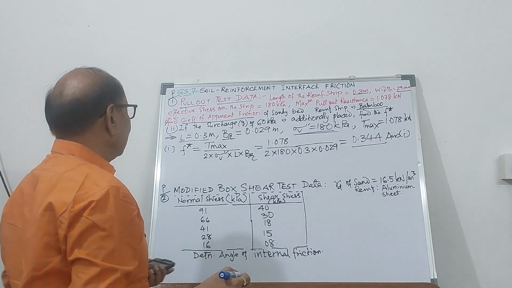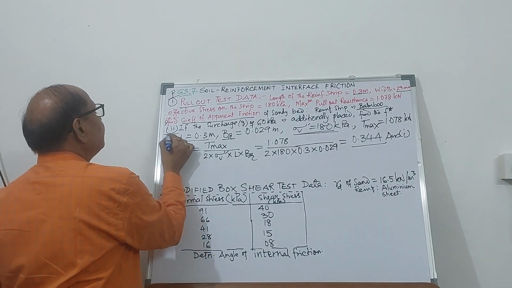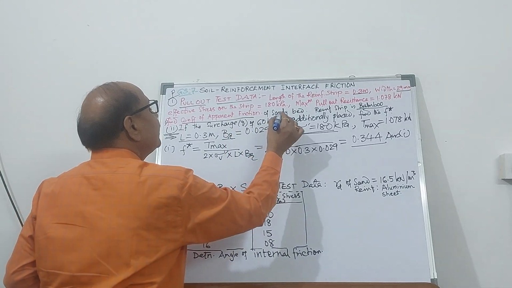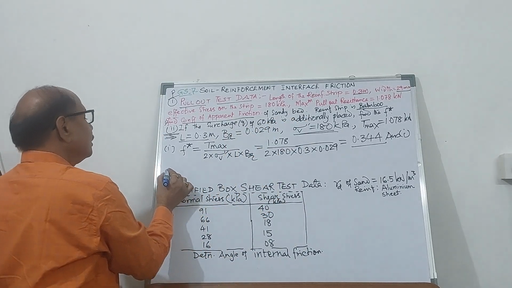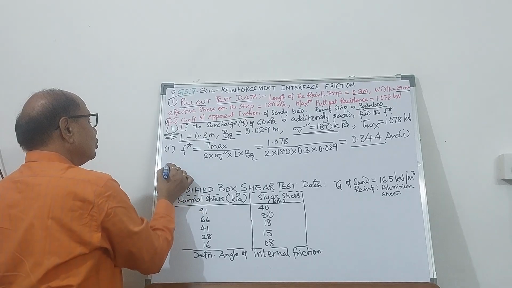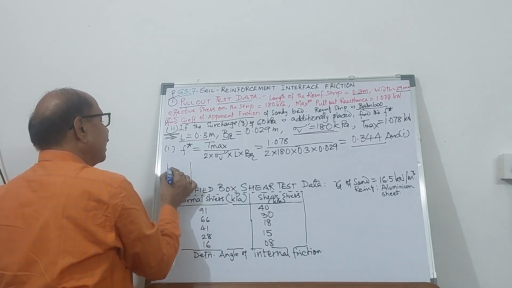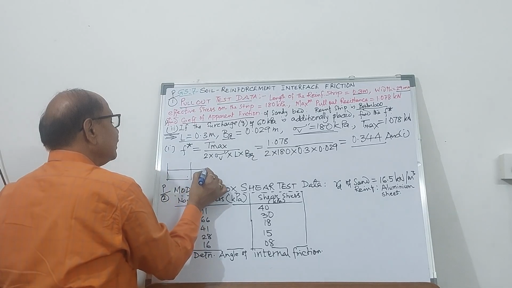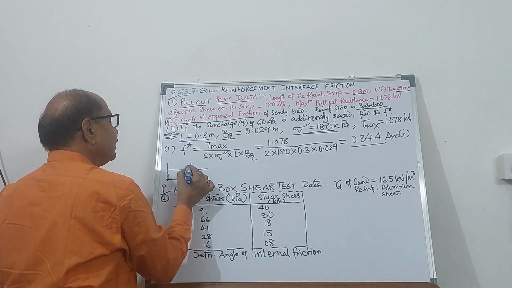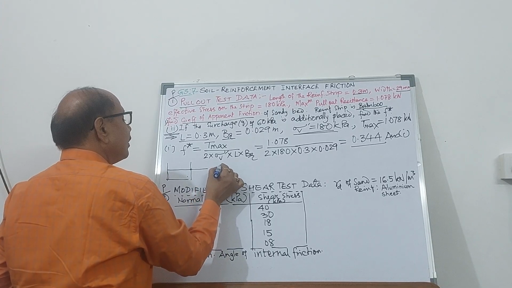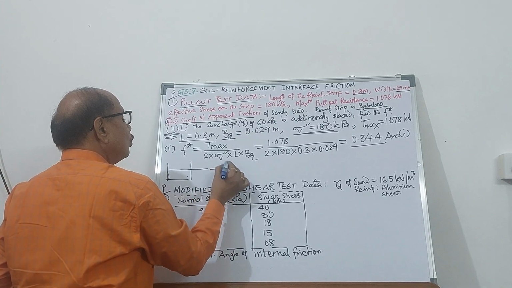Now, if you look at the second part of this problem, there is a surcharge of 60 kilopascal. When you carry out the pull-out test, you have a box here, and here is the reinforcement. You have a slit, a hole, over here, and this is the reinforcing element where you apply the pull-out force.